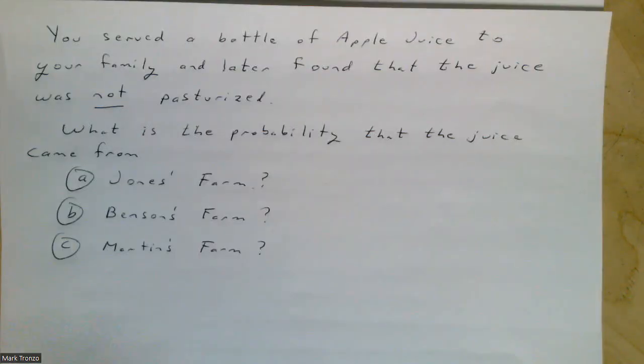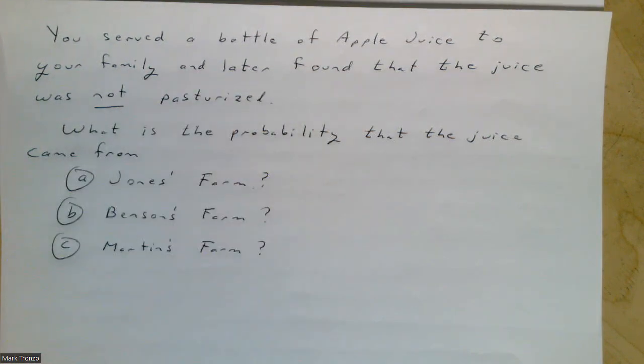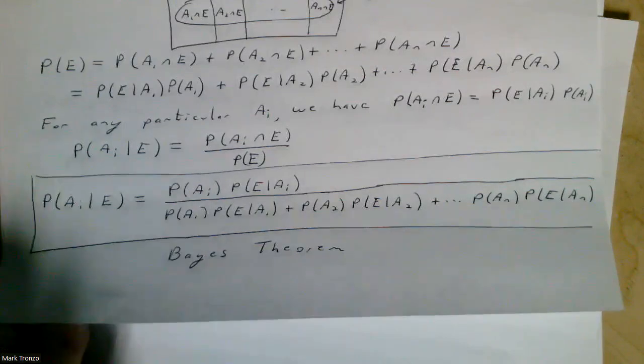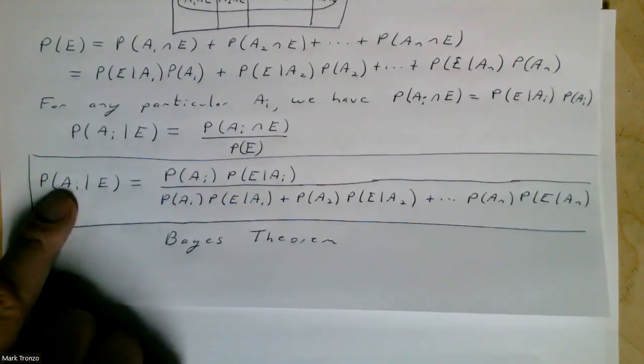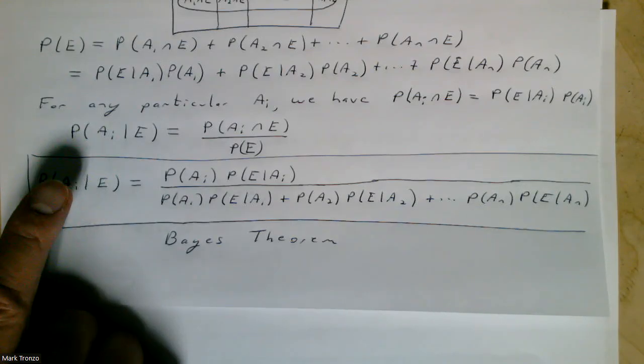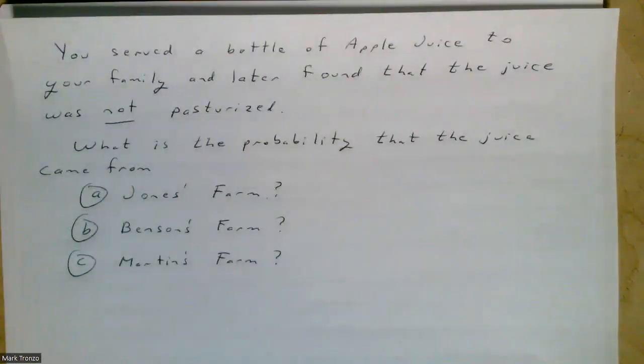So see, that's what we have here. You found that the juice was not pasteurized, so you wanted to know, given that the juice was not pasteurized, what the probability came from Jones's farm? What's the probability that came from Benson's farm or Martin's farm? So that's what we're mainly going to do, is take a look at that.